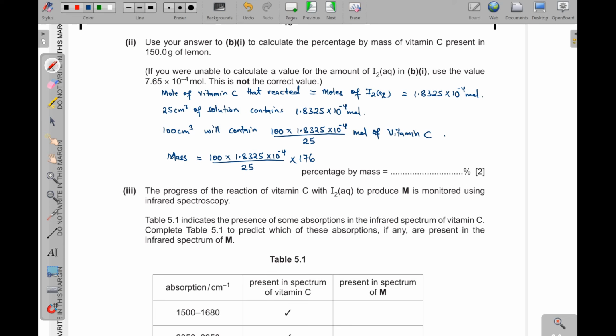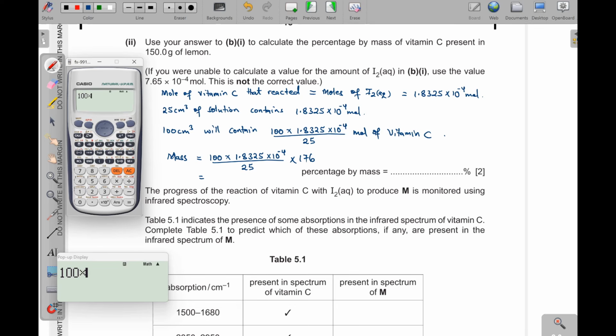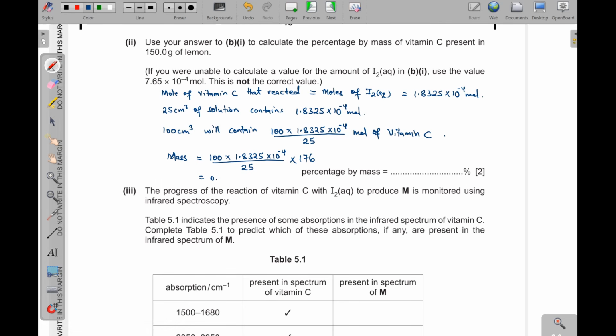Then what we get from here, 100 times 1.8325 times 10 to the power of negative 4, then times 176, we shall divide by 25, we get 0.1290008 grams.